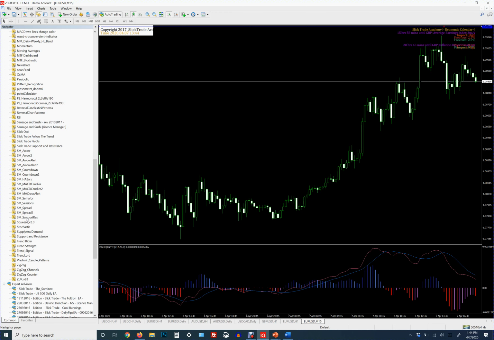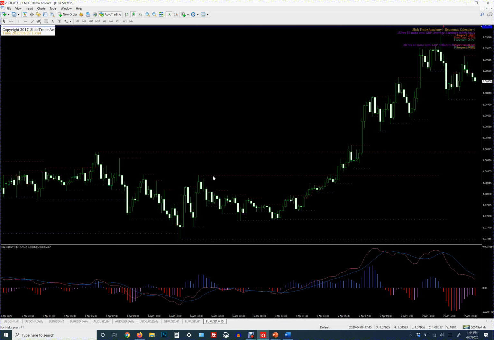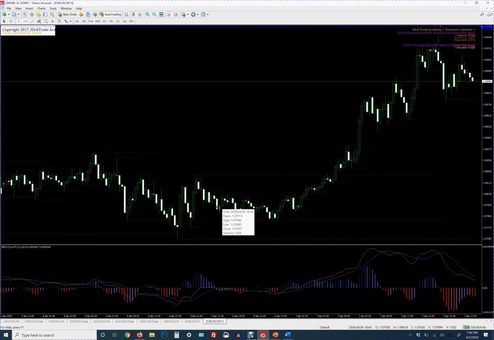Here's a support and resistance one right here. This is just a basic support and resistance, and these little dots show you previous support and resistance levels. So let's say, for example, right here, here's a cross to the upside. Let's grab that.